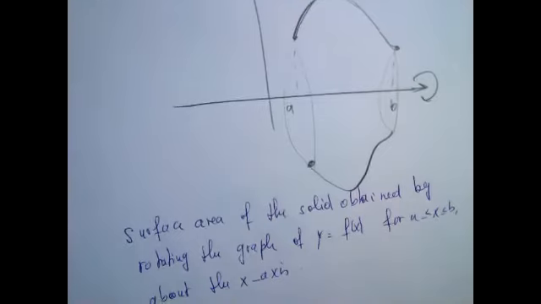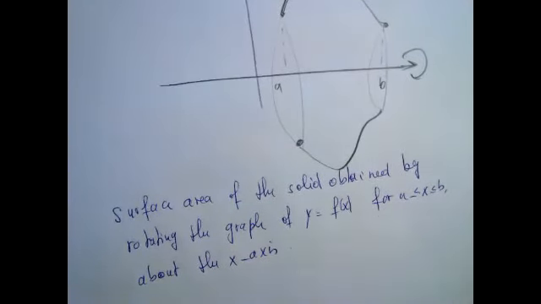Okay, so the surface area means the area of the lateral layer obtained by rotating the graph of a function for x between a and b about the x-axis.